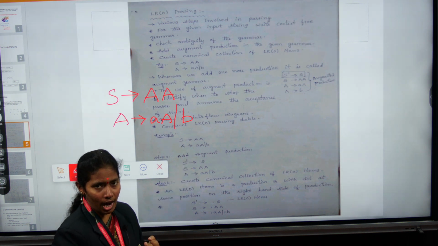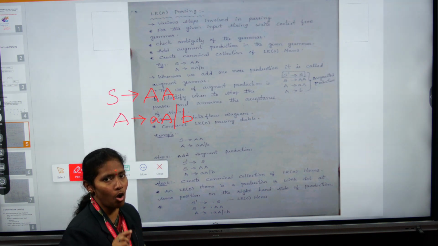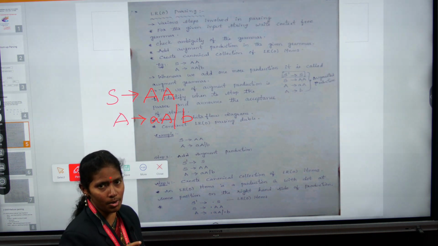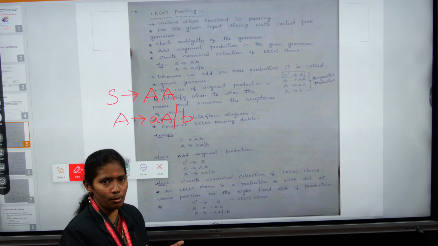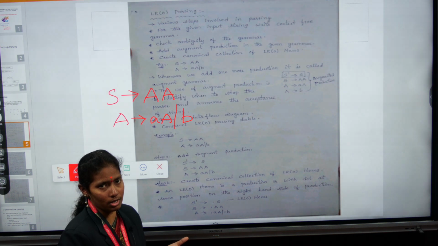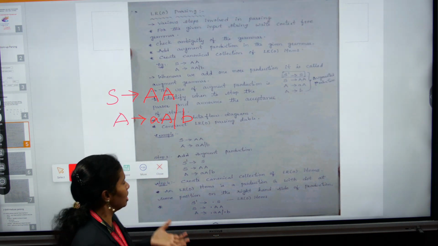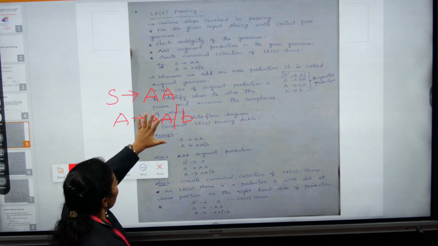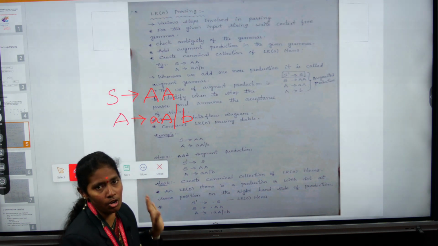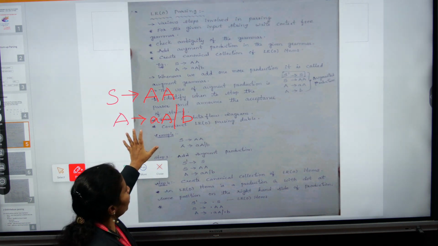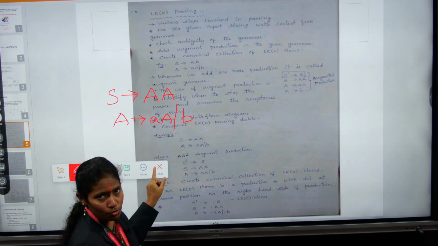Terminals are the small case letters, whereas the uppercase letters are termed as non-terminals. So the example which we have taken consists of terminals as well as non-terminals, so we can consider this grammar as a context free grammar. So our first point has been satisfied.